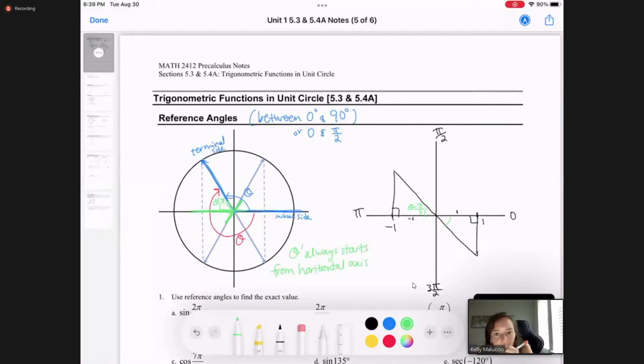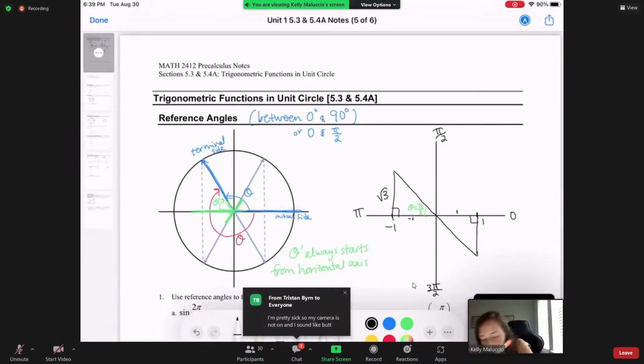Well, okay, hold on. I'm lying. Go back. What I didn't tell you yet is that this angle is pi over 3, but these sides are different. So this is square root of 3. This side's going to be 1, but it's negative.